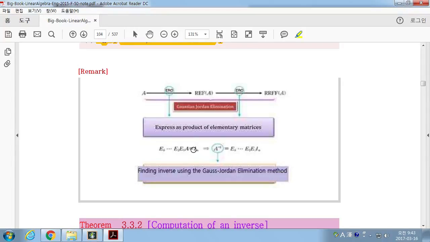The product of the elementary matrices is the inverse of matrix A. If you multiply by the inverse of this, it moves to here, so A can be written as the product of inverses of elementary matrices, which is also a product of elementary matrices. With these simple ideas, we can now find A inverse as the product of elementary matrices like this.